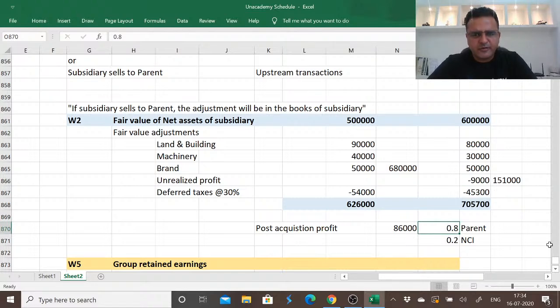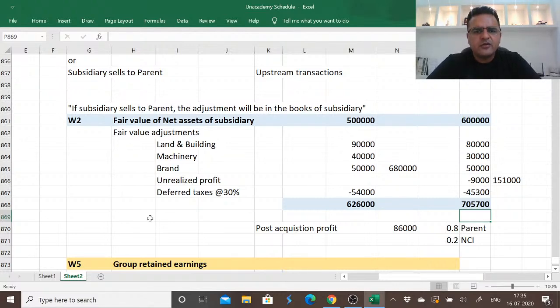If you noticed here, the moment unrealized profit is removed, the earnings are 705, and before it they were 712. So earnings reduce with the removal of unrealized profit from the earnings of the entity which sold those goods.